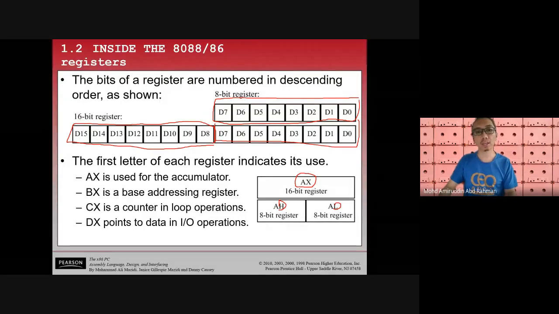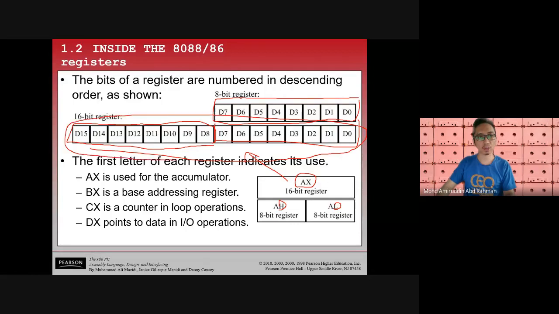And then for AH, I relate to here. AX is all of this. So let's say this is for AX, and AH only contains the higher bits of the 16-bit register. So it is 8-bit, but it takes only the higher half of the register.